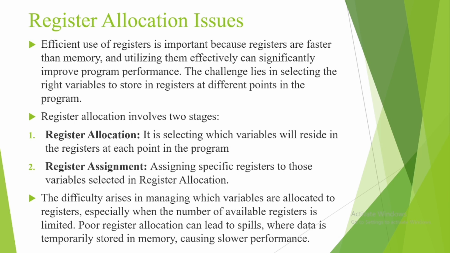The difficult area is managing which variables are allocated to registers, especially when the number of registers is limited. Poor register allocation can lead to spills, where data is temporarily stored in memory, causing slower performance.